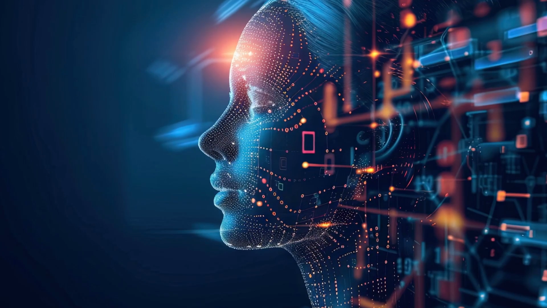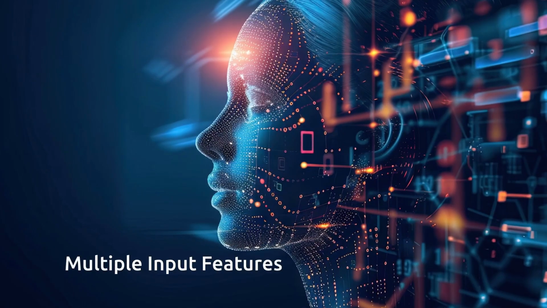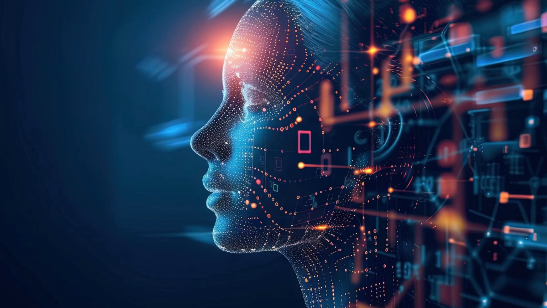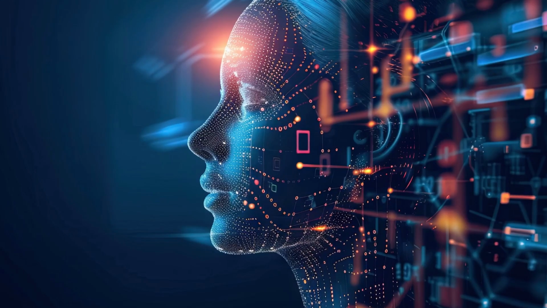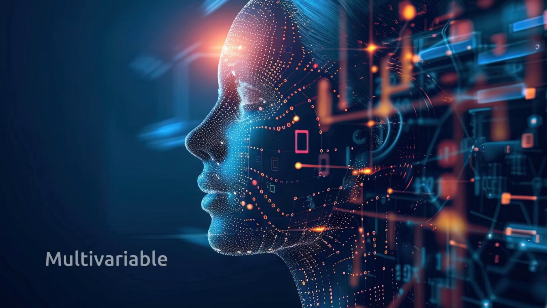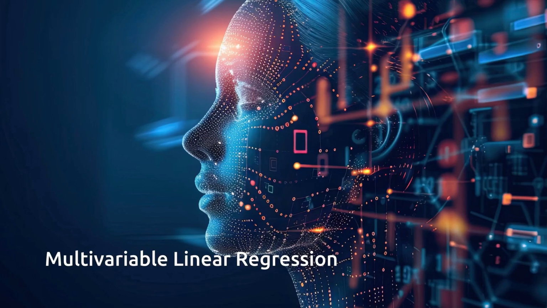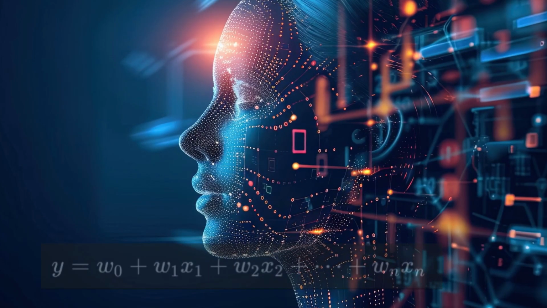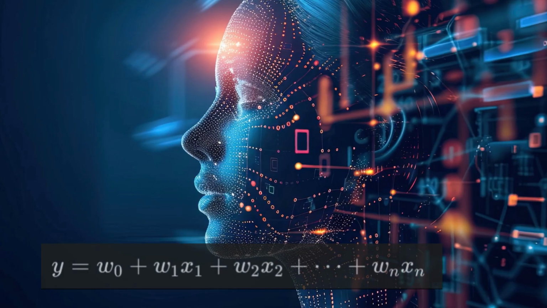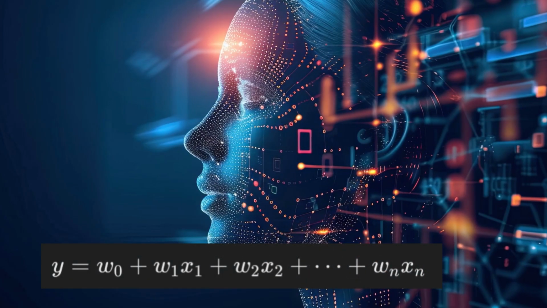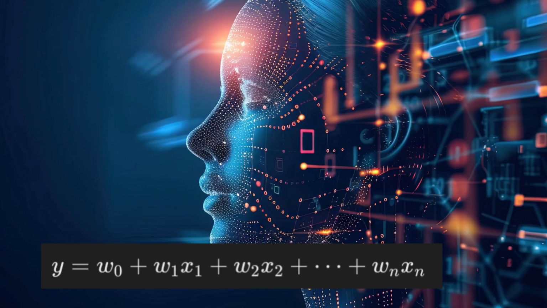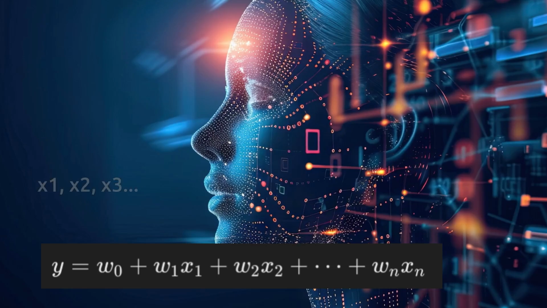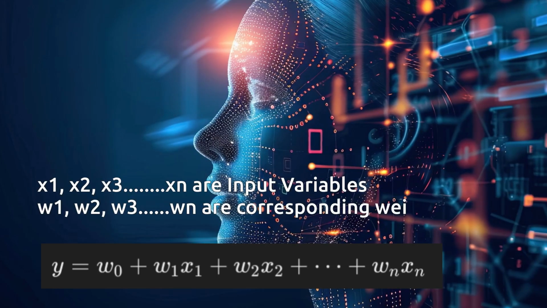In real applications, we often have more than one input variable, like predicting weight based on height, age, and diet. In this case, our model becomes a multivariable linear regression, which can be represented by the equation y equal to w0 plus w1x1 plus w2x2, and so on up to wnxn, where x1, x2 up to xn represent different input variables and each has its own weight wi.